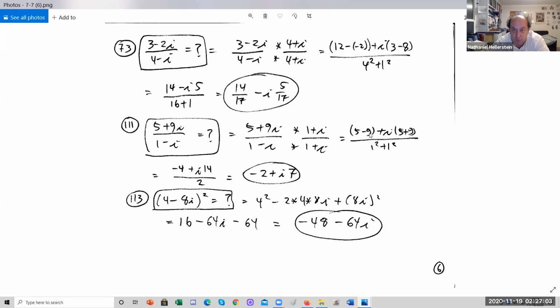That's negative 4 from here plus i times 14 from here, all over 2. And then you divide both terms by 2 and you get negative 2 plus i times 7.